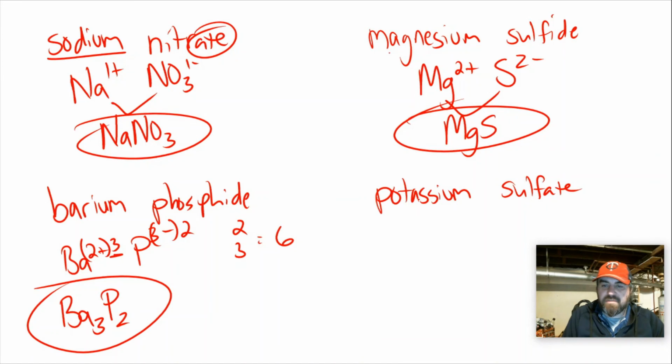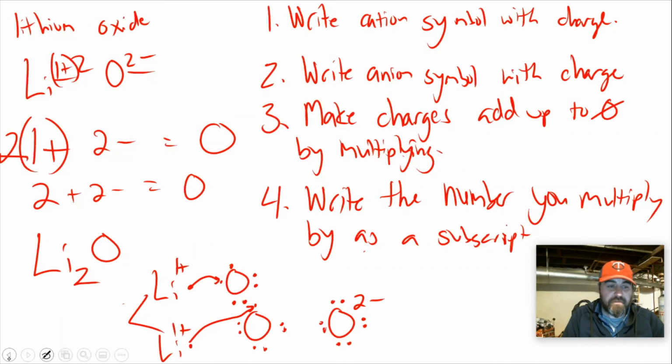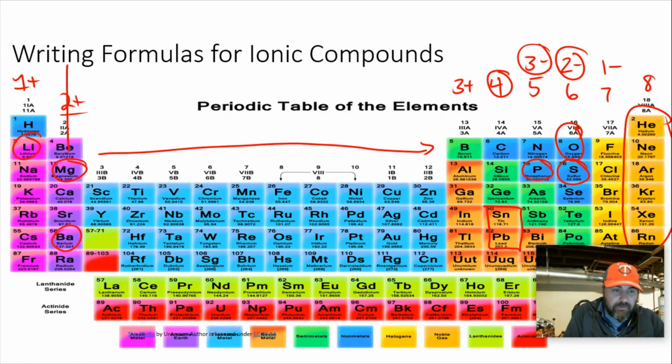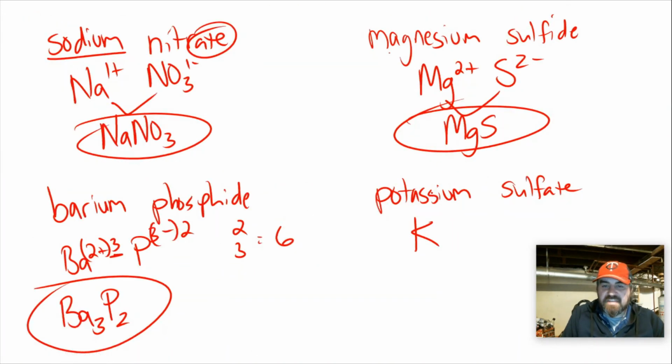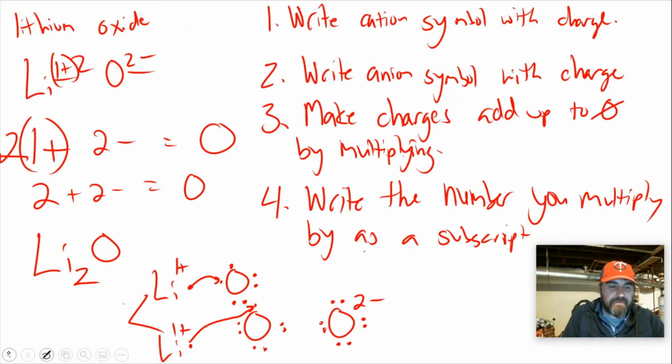Last one, potassium sulfate. Potassium, K. That sounds stupid, right? But it is. Potassium, K, plus 1. It comes from a Greek word. Sulfate, see how it ends in ATE? If it ends in ATE, it is a polyatomic ion.